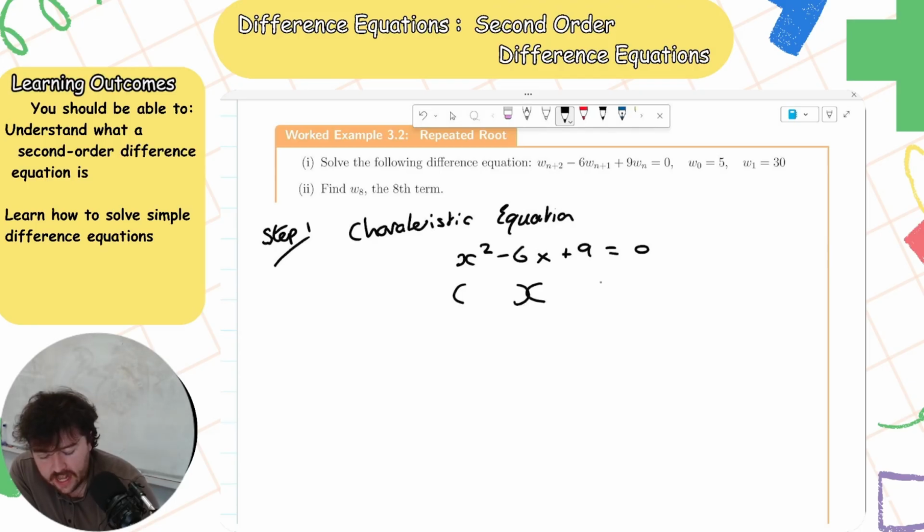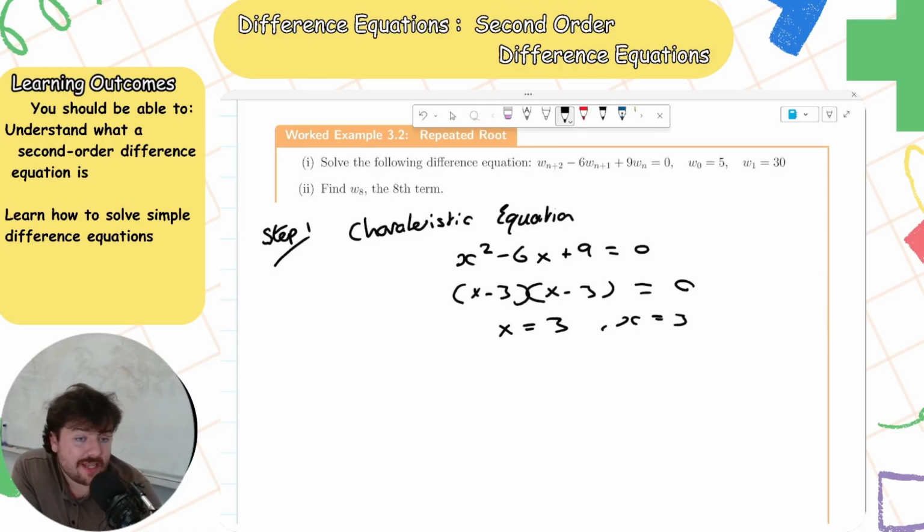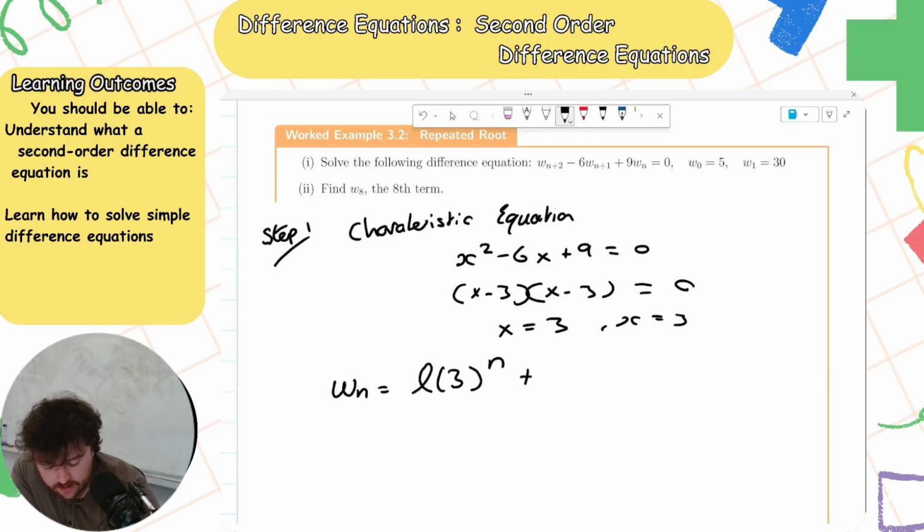Two numbers that multiply to get 9 but add to get minus 6 are x minus 3, x minus 3. Therefore, x equals 3, x equals 3. What we notice here is these are equal roots. Therefore, I apply my general solution. So Wn is going to be equal to L times 3 to the n plus m times n times 3 to the n.